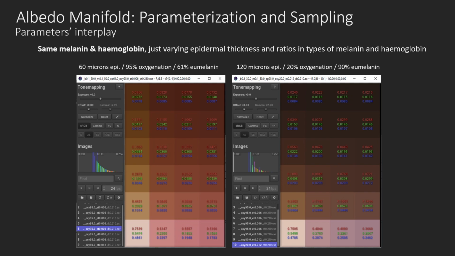For melanins, the eumelanin versus pheomelanin ratio, where eumelanin is much darker and desaturated. For the blood oxygenation level, oxygenated hemoglobin is way more saturated in red hue than the deoxygenated hemoglobin, that leads to a more bluish color.